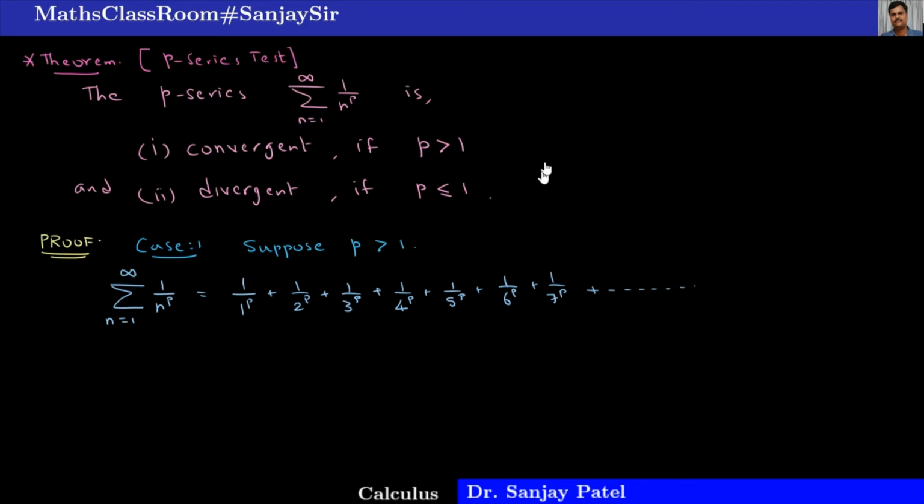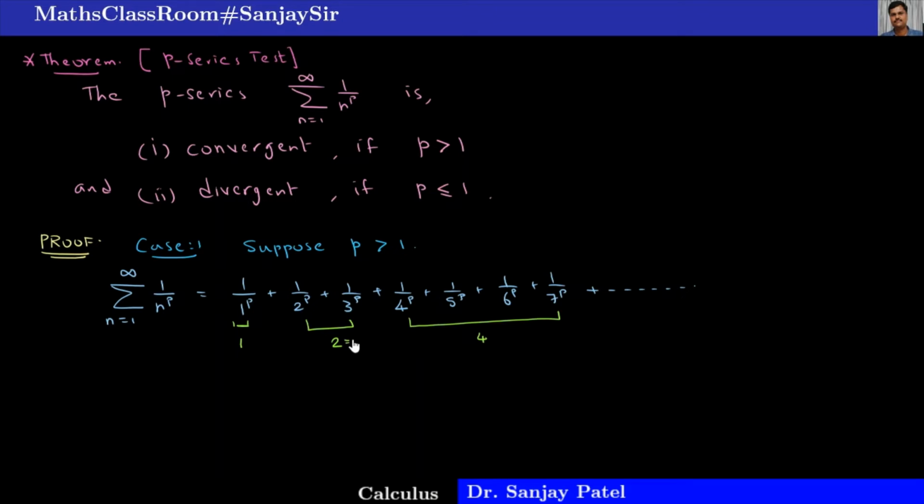Now, I want to make groups of different terms. First I will take only one term, the first term, and then I will take the next two terms. Then I will take the next four terms. So first I am taking one term, then two terms, then four terms.